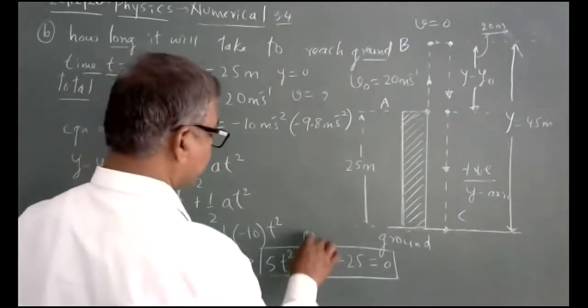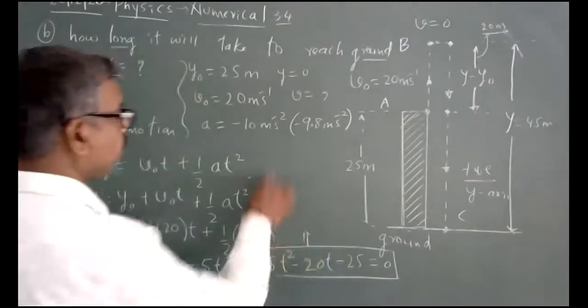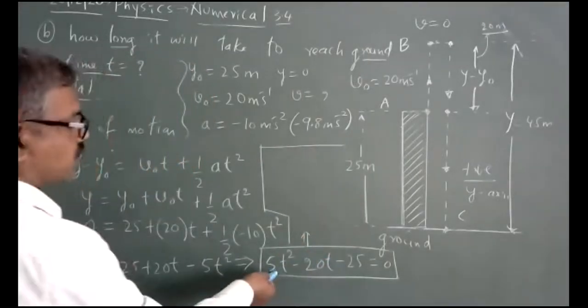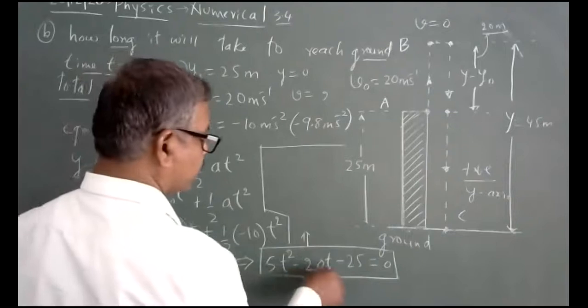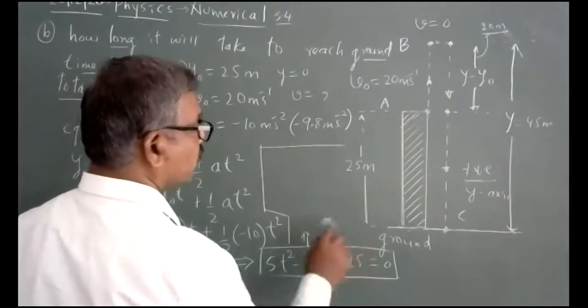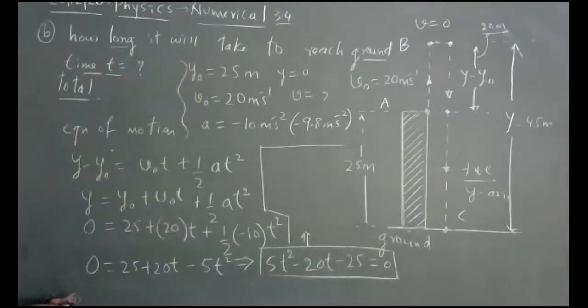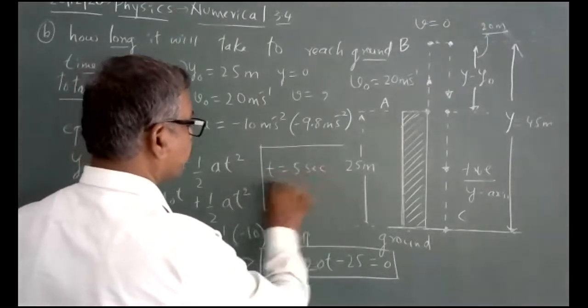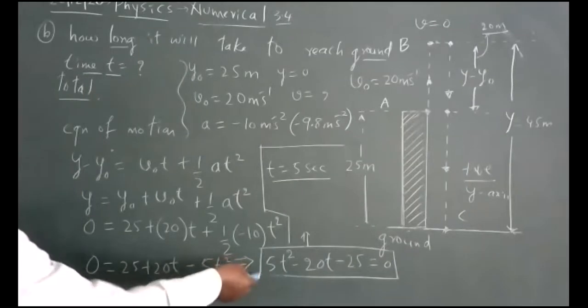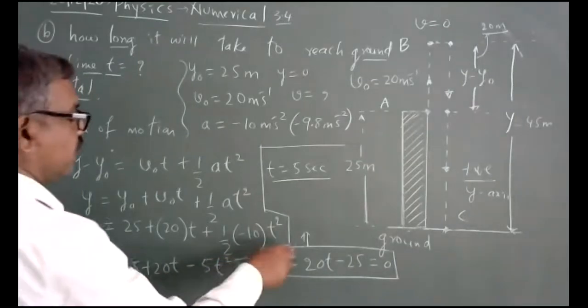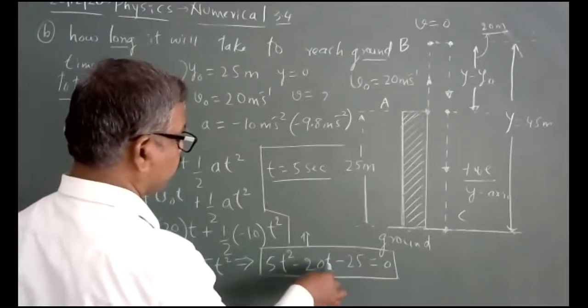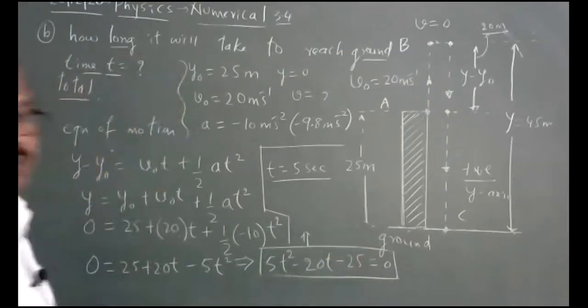So it gives you very simple analysis. The value of t, if you simplify it, you can cross check. It is t square minus 4t minus 5 equal to 0. The quadratic equation gives t equal to 5 seconds. If you simplify it for t, you divide by 5, it becomes t square minus 4t minus 5 equal to 0.